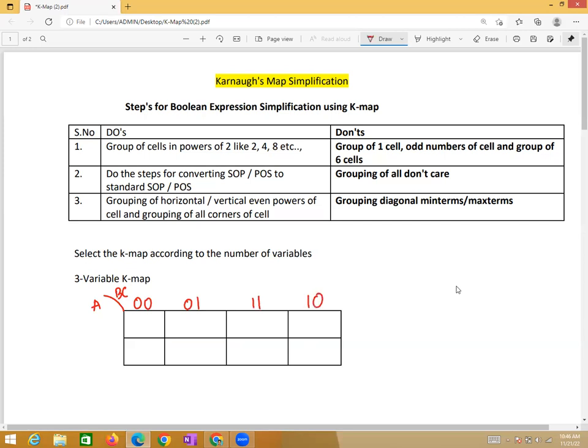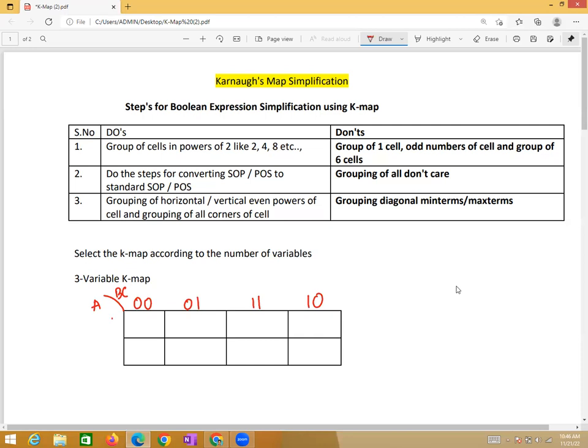The important thing is that after 00 and 01 we use 11 instead of 10, because in K-map simplification, at a time only one bit is allowed to vary. That's why after 01 we use 11, and then 10.